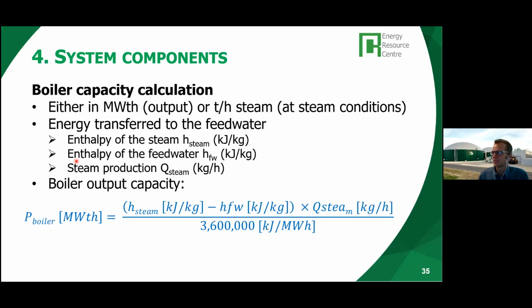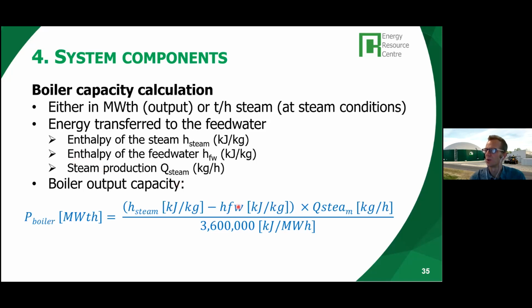Or you could have the capacity expressed as the steam production capacity in tons per hour, sometimes kilograms per hour, and then it's typical also to denote the steam conditions, so the pressure and or temperature of the steam, or whether it's a saturated steam or, let's say, superheated steam.